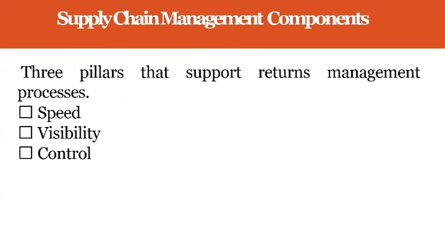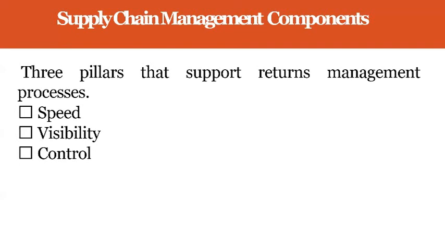We have the speed. So it is a must to have a quick and easy returns management and automate decisions regarding whether to produce return material authorization. Then visibility. So for improving the visibility and predictability, information needs to be captured initially in the process, ideally prior to delivering the return to the receiving dock.